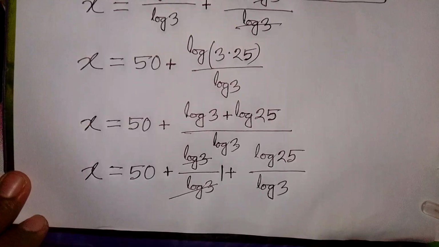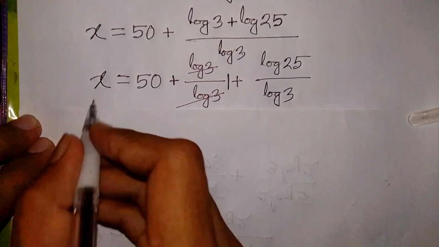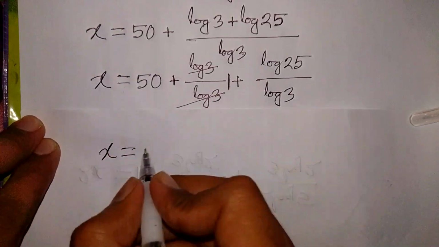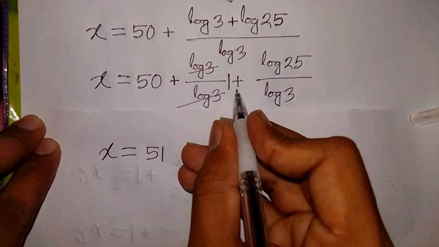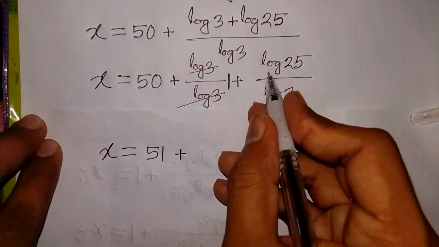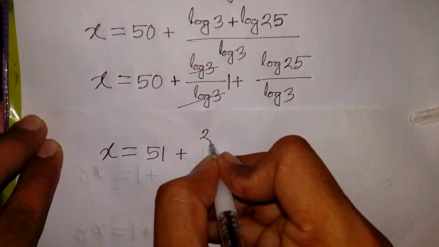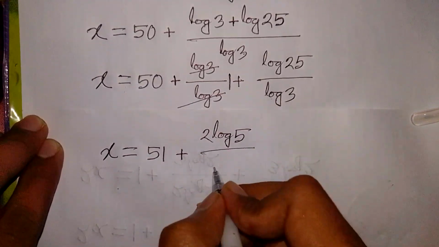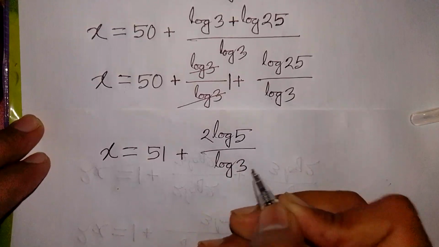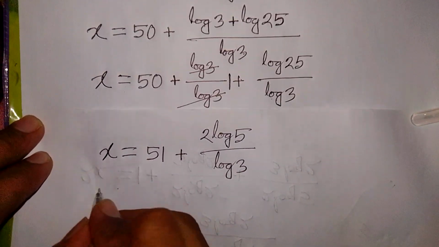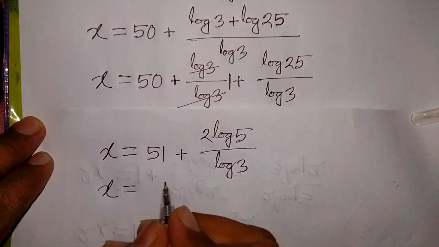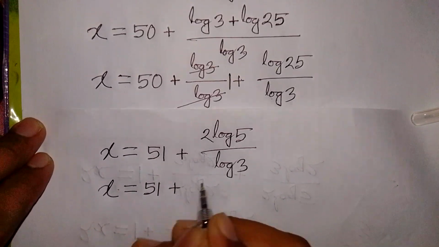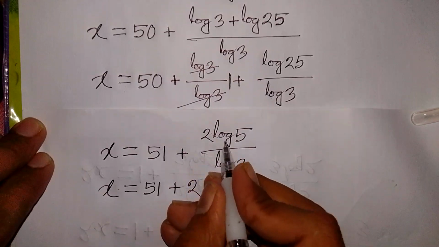Here it is 1. We have x will be equal to 50 plus 1, that means it will be 51 plus, log 25 is the same as 2 log 5, over log 3. In the next step, x will be equal to 51 plus 2 times log 5 over log 3.